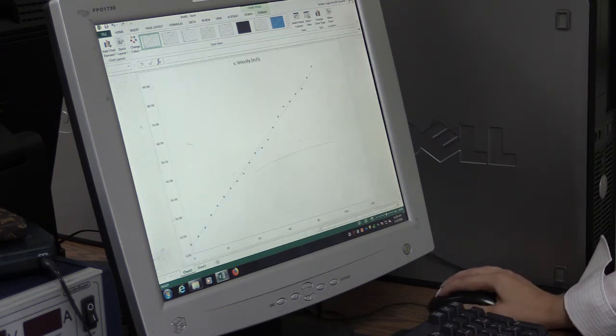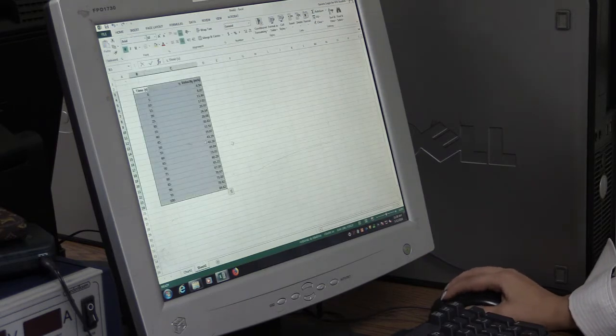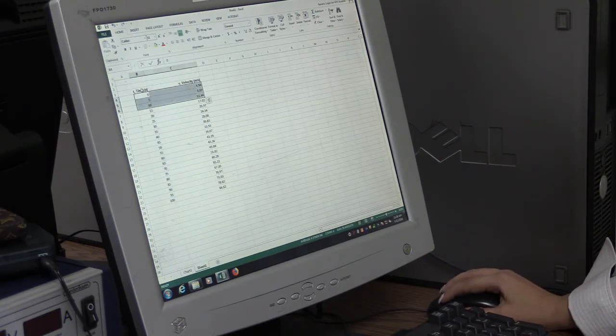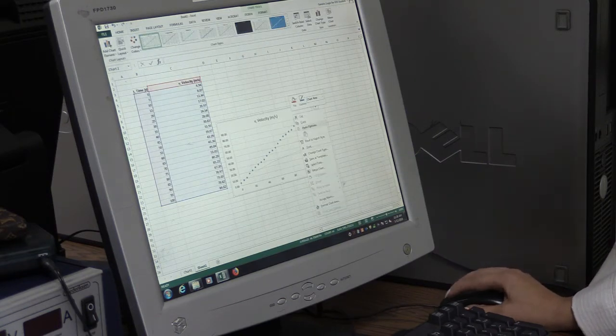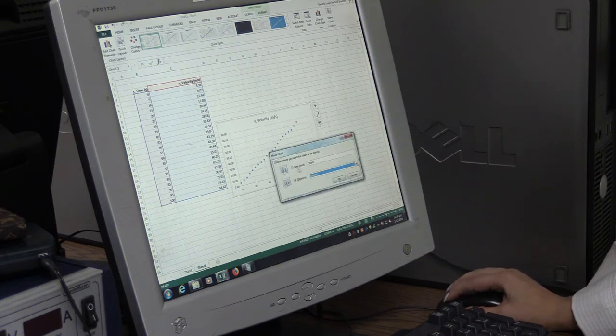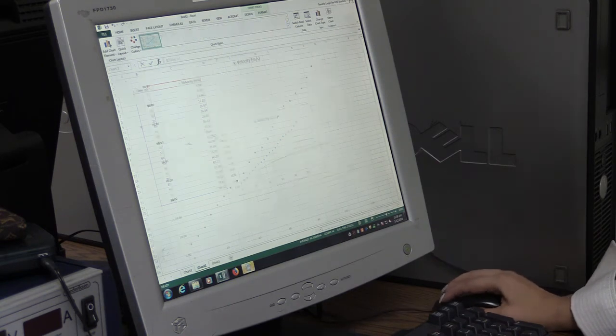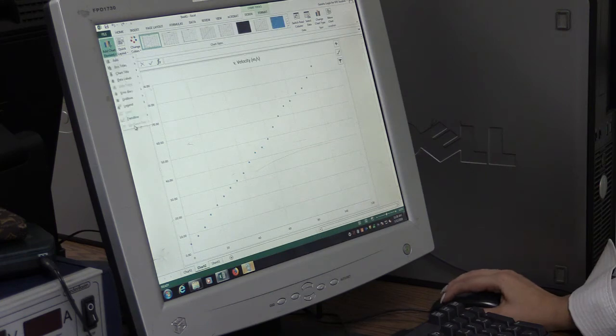For some reason, let me redo this one more time, okay? So insert this one, scatter, move chart to new sheet. Now I go to add element, trend line, more trend line.